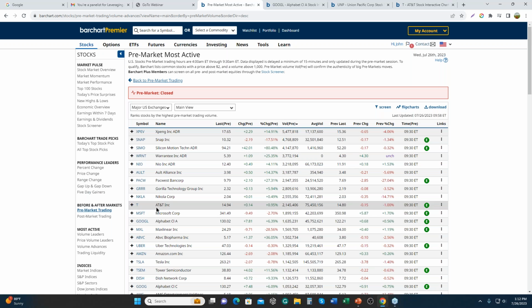But if I go down here to AT&T, right, it traded 2.1 million shares. That's a lot of shares, right? But if we look at it in terms of our average, here we can see again our 5-day average, it's 75 million. So this is a very small percentage of what we normally see.